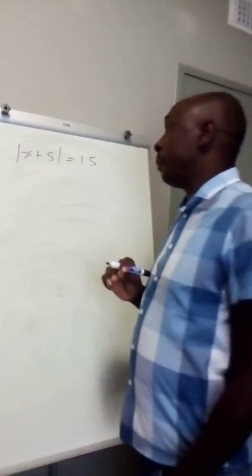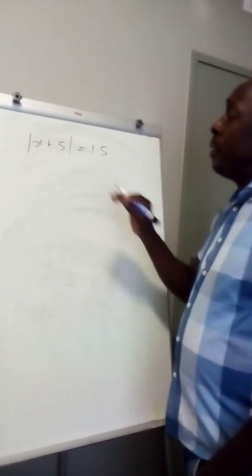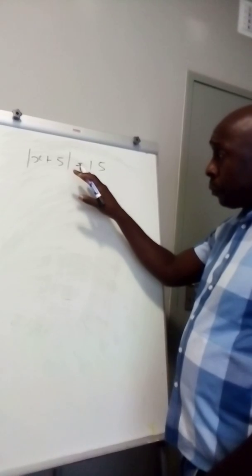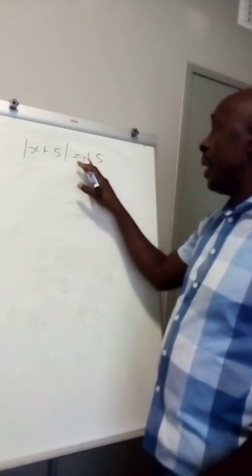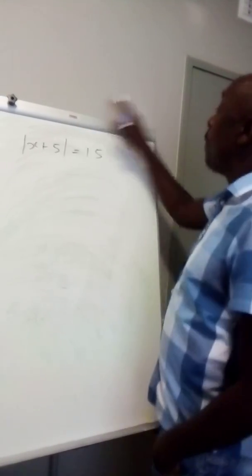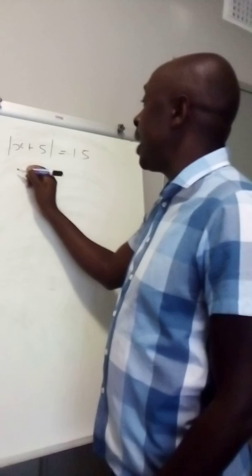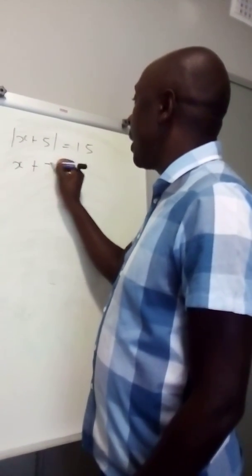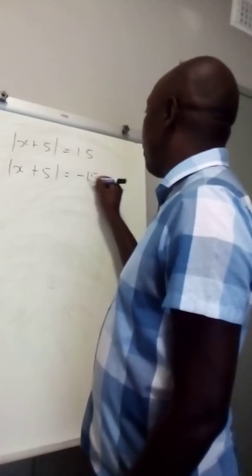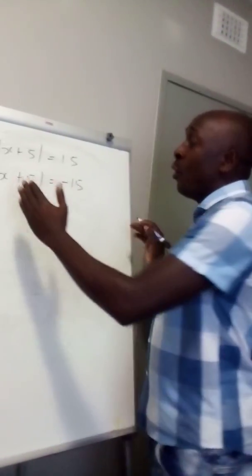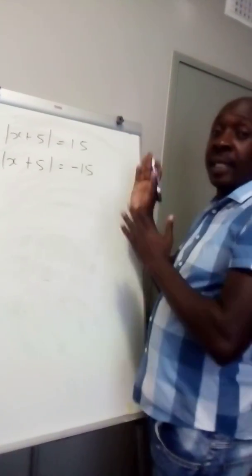What are we saying, guys? This equation is also true going to the other side, -15. So we are also saying x plus 5 is equal to -15, since we said moving both to the positive and to the negative, the positive is still the same.